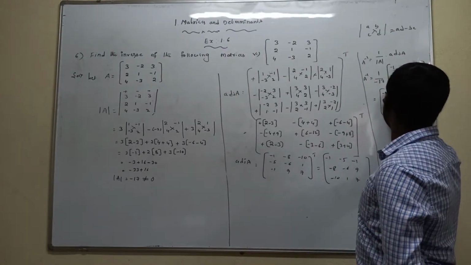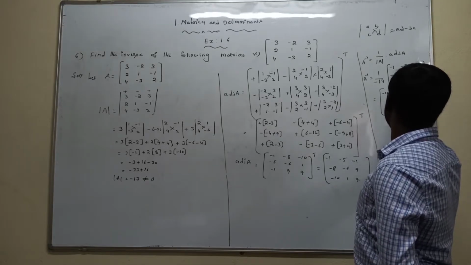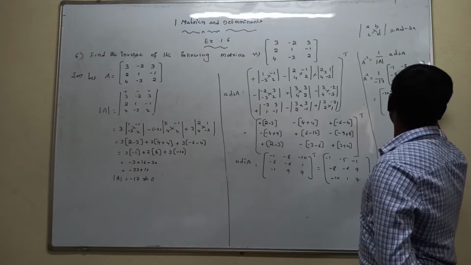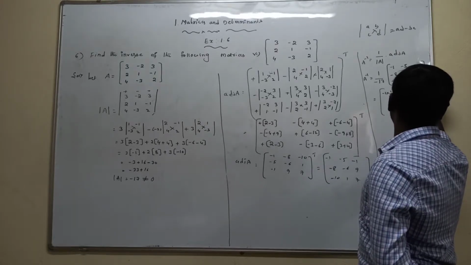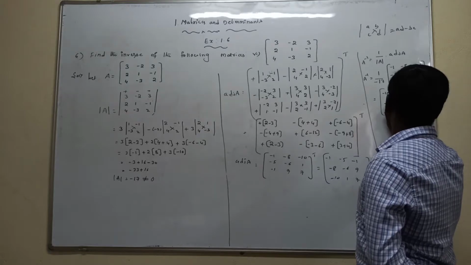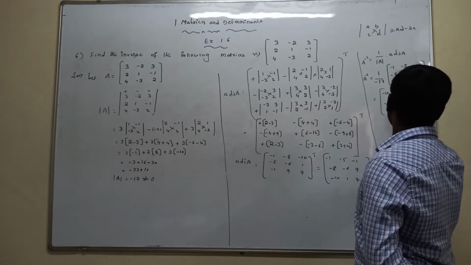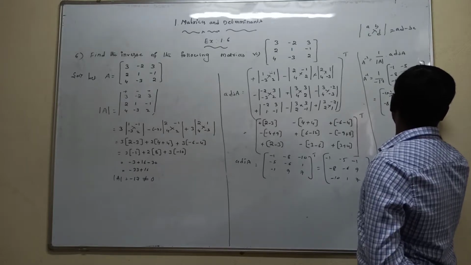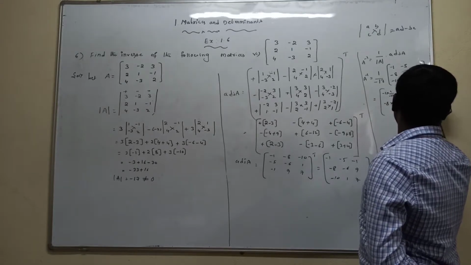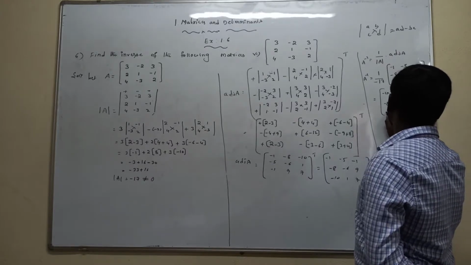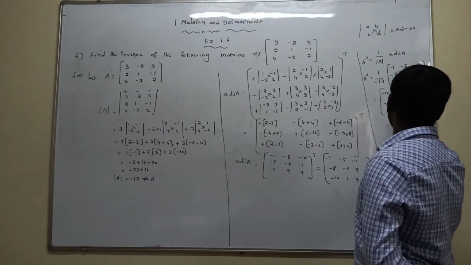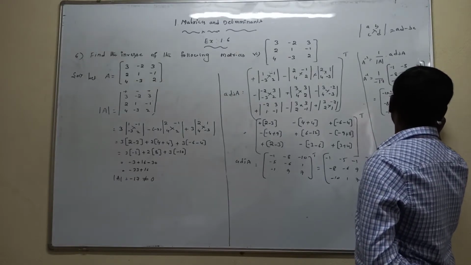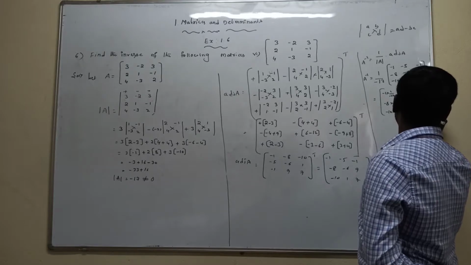Now, minus 1 into 1 by minus 17, minus 5 into 1 by minus 17, minus 1 into 1 by minus 17, minus 8 into 1 by minus 17, minus 6 into 1 by minus 17, 9 into 1 by minus 17, minus 10 into 1 by minus 17, 1 into 1 by minus 17, 7 into 1 by minus 17.